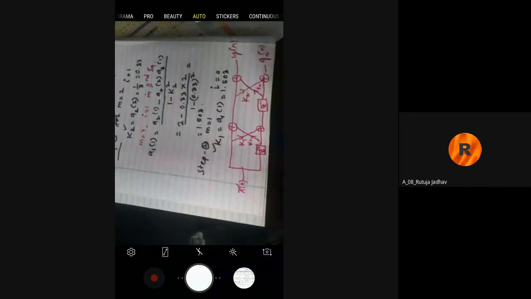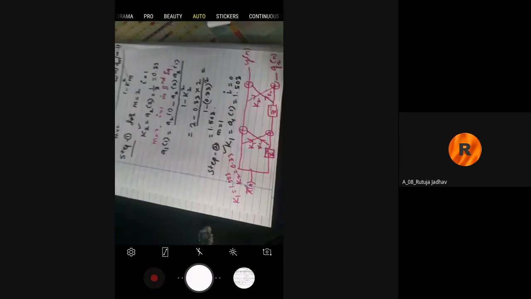So finally we'll write the value of K1 is equal to 1.503 and K2 equals 0.33. So this is the way we can convert direct form coefficients to lattice form coefficients.